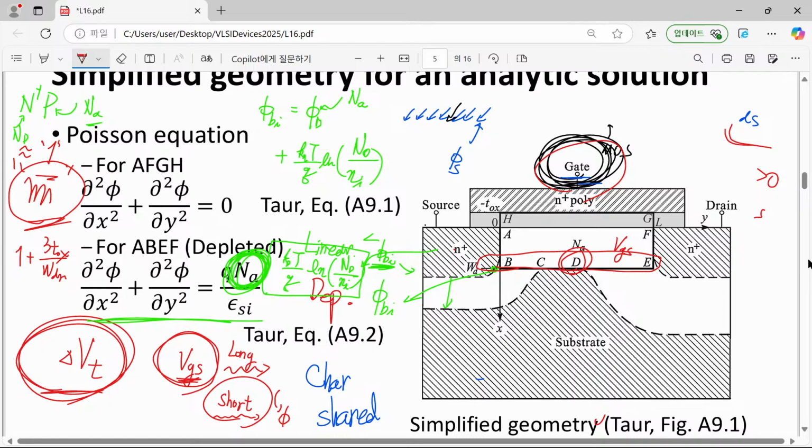For example, if you reduce the gate voltage or drain voltage, then obviously the depletion region will be reduced. So now you will have a much shorter depletion region. So the D point will be moved toward the drain.